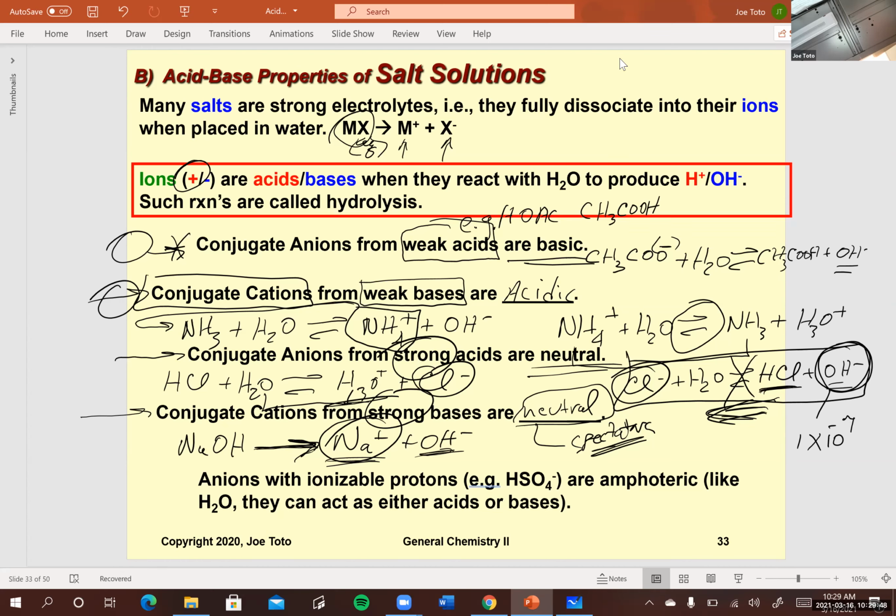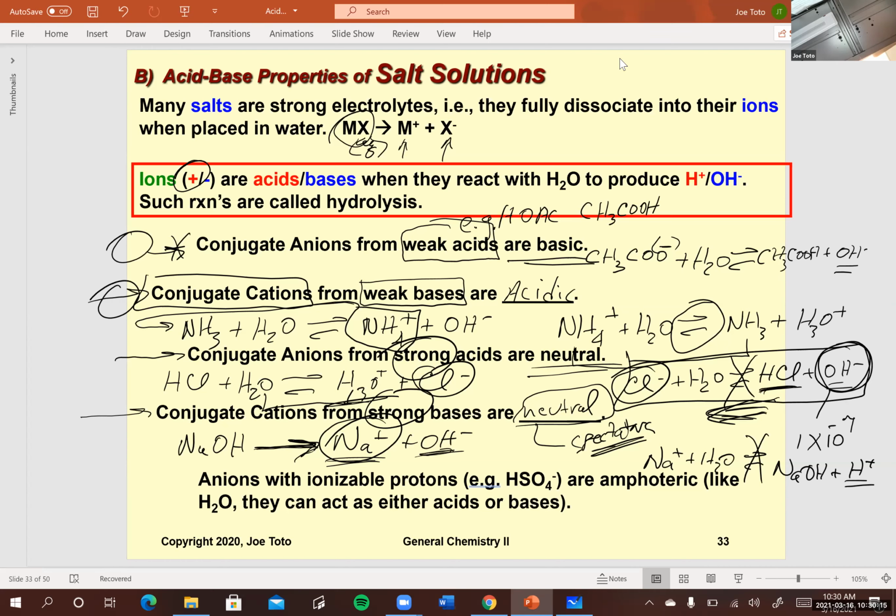So it's neutral. Same thing with sodium. Somebody could imagine that sodium could maybe make the solution acidic. No way, Jose. Not going to happen.